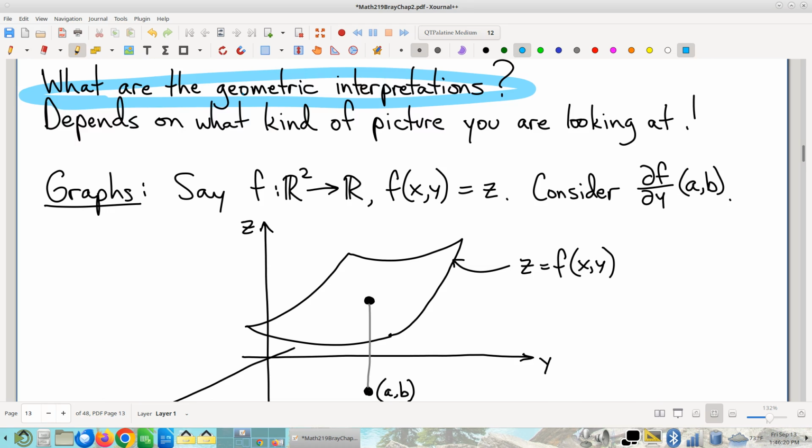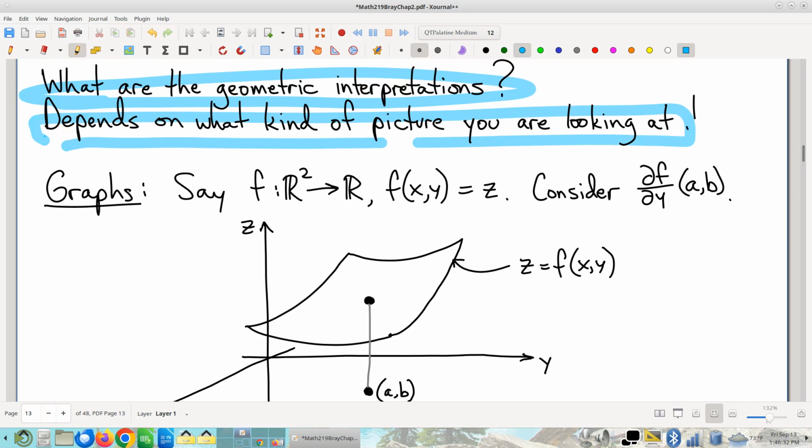And again, the very first thing I want to point out, always you have to worry about this. If you want to know how to interpret anything geometrically, it depends on what kind of picture you're looking at. How you interpret something in the context of a graph is going to be very different from how you will interpret that thing in the context of level sets. So we've got to be explicit about that.